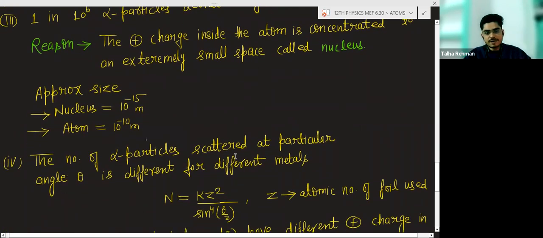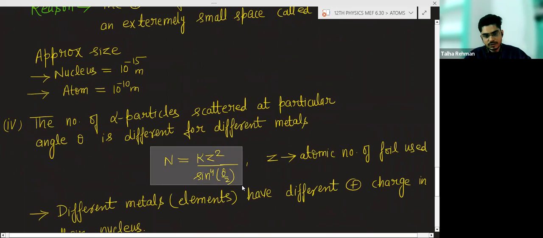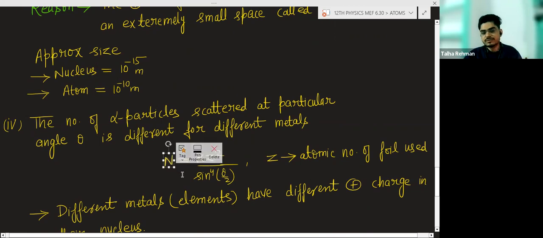Another point: the number of alpha particles scattered at a particular angle is different for different metals. You can see this with the help of the formula N = kZ² / sin⁴(θ/2). What is Z here? Z is the atomic number. So for different elements or metals, Z will change, meaning N will change. N is the number of alpha particles scattered at some angle theta.